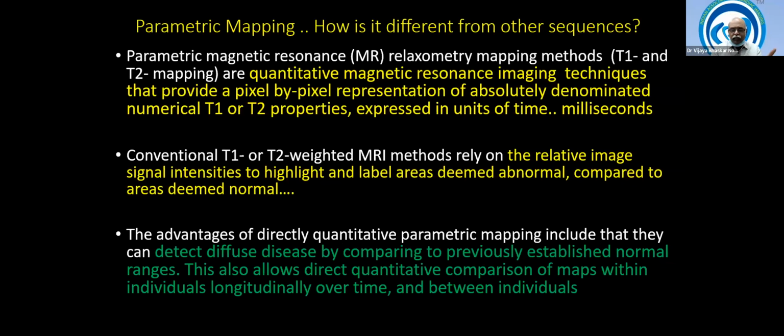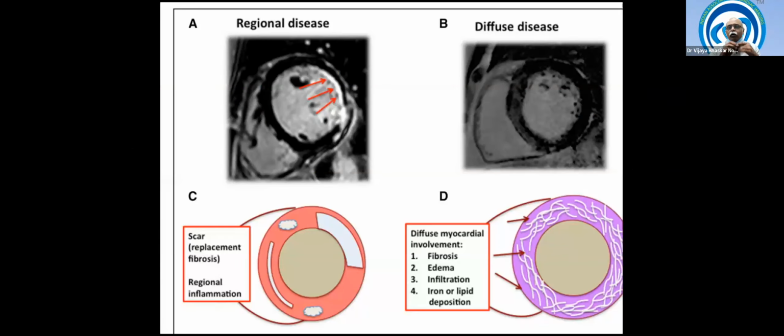The advantage is you can quantify, you can prognosticate, you can look at longitudinal follow-up. A patient comes to you with edema and has high T1 and T2 map values. At a 3-month follow-up study, typically in COVID infection, the T1 and T2 map values have come down to normal. This is quantification. You have a number there, unlike other sequences where you can't quantify. These are quantification maps, and that is the importance of doing T1 and T2 relaxometry.